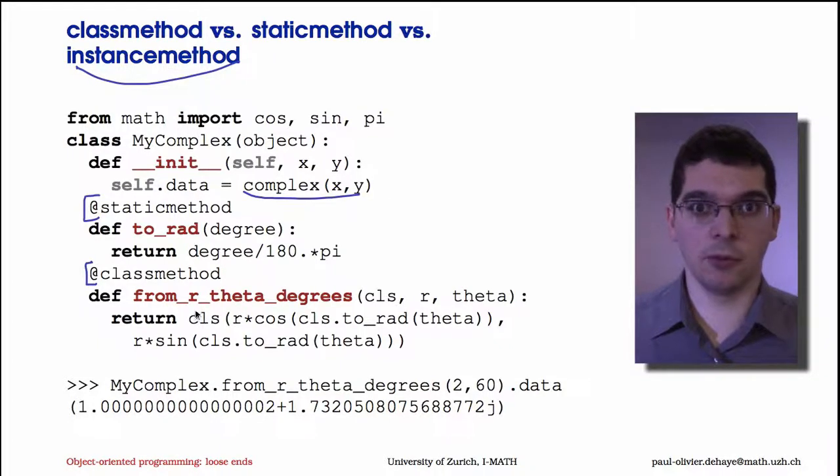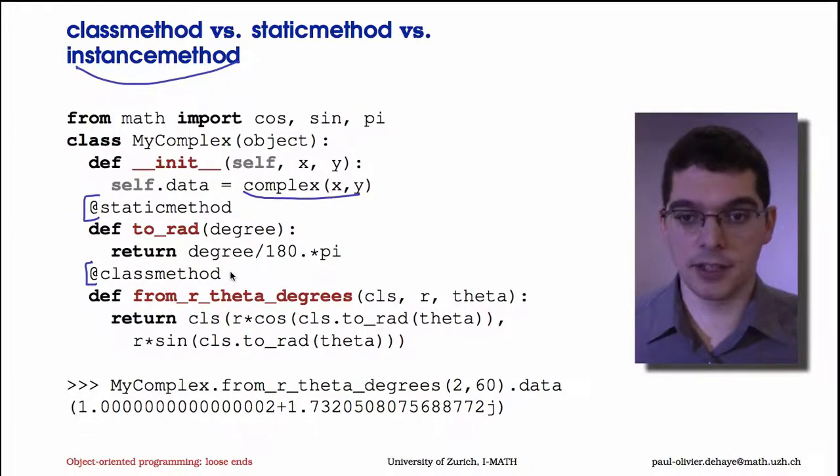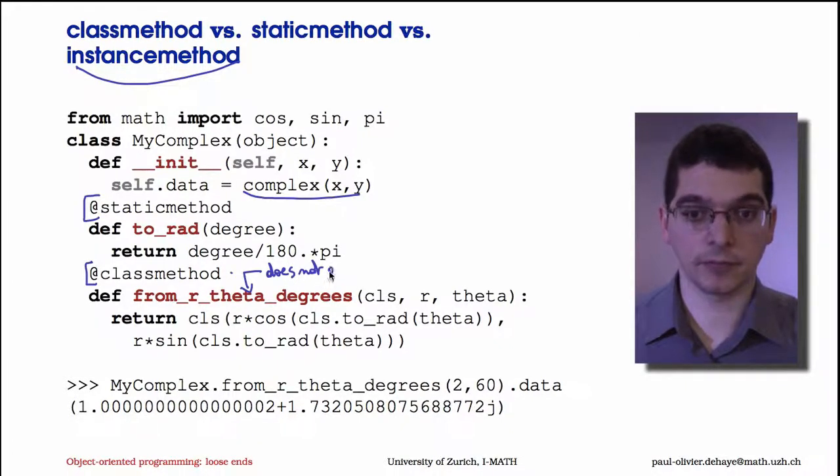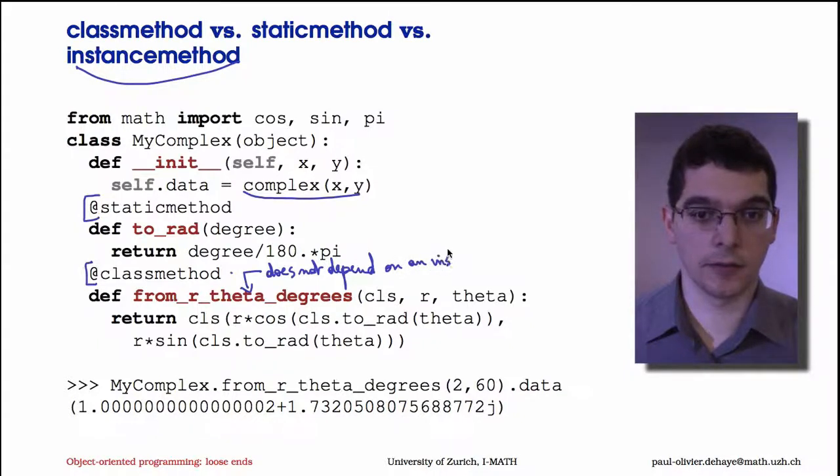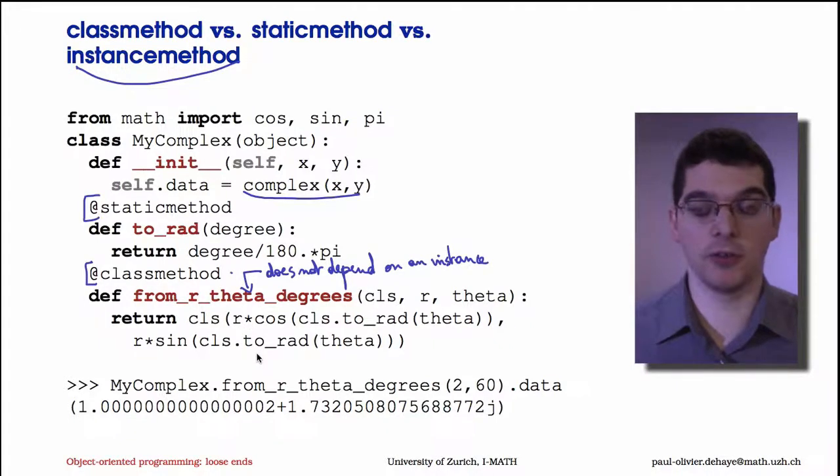Now you can see why this is a class method. This should be a class method because it does not depend on a particular instance. So it does not depend on an instance. Actually, it creates an instance. Okay, so the result here is that it should return a new instance of my complex.